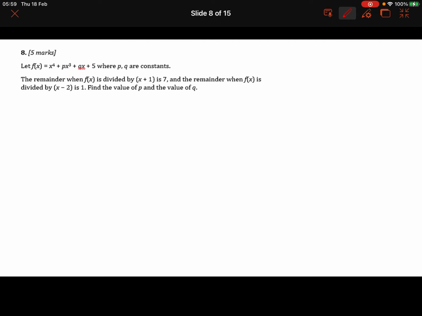Because there is a very, very simple theory, or two theorems that help you to do this, okay? We need to remember the factor theorem, and we need to remember the remainder theorem. Okay, the factor theorem, very simple.